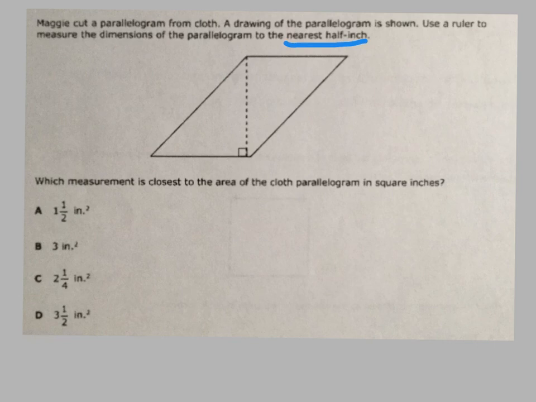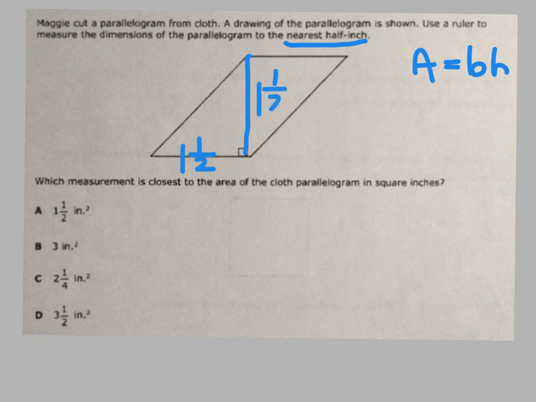So first, we need to remember that the area of a parallelogram is the base times the height. When we measure the base, we find the nearest half inch is 1.5. And when we measure the height, we find that the nearest half inch is 1.5 as well.